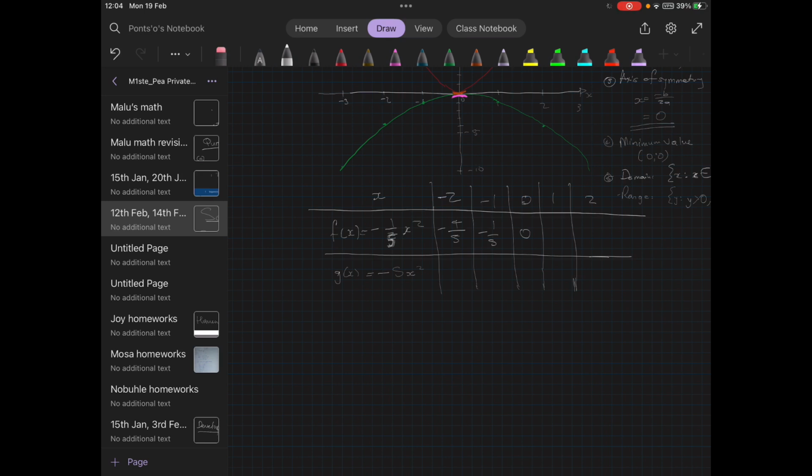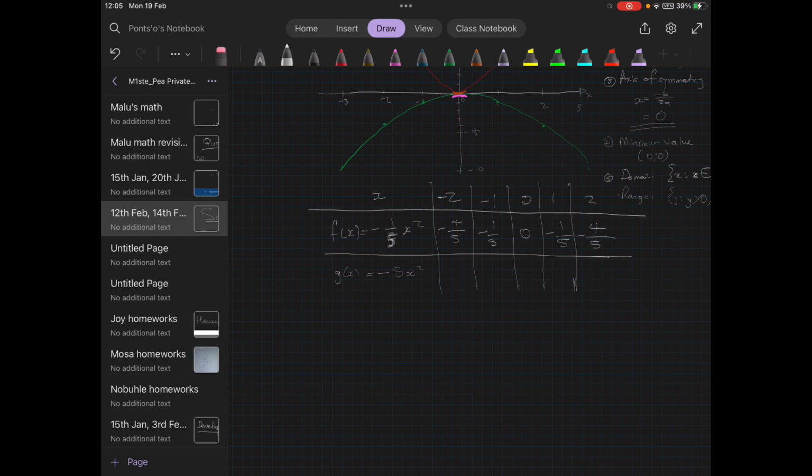At x is 0, f of x or j of x in the learning guide is 0. And at x is 1, you also get negative 1 over 5. And at x is 2, we also get negative 4 over 5.